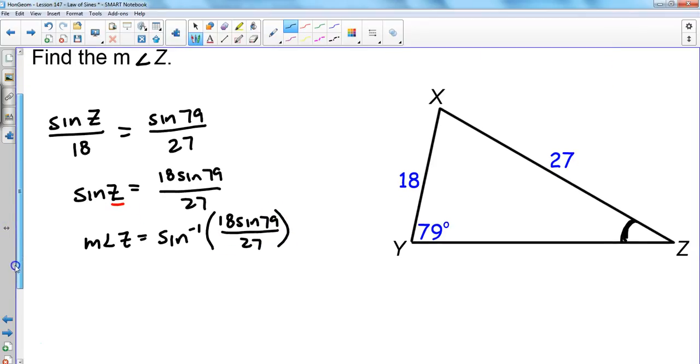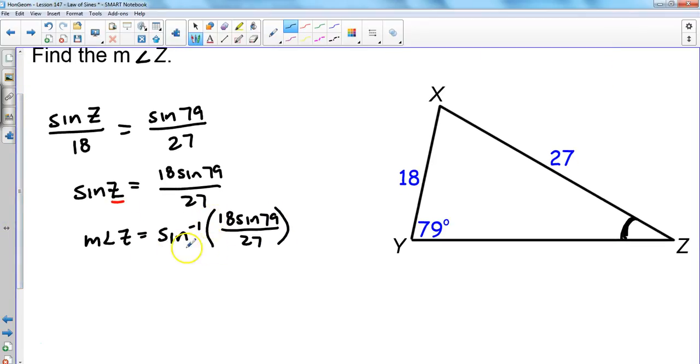A little bit of calculator work. Make sure you plug this in appropriately. Use parentheses whenever you can. And I end up with the measure of angle Z equals about 40.9 degrees.